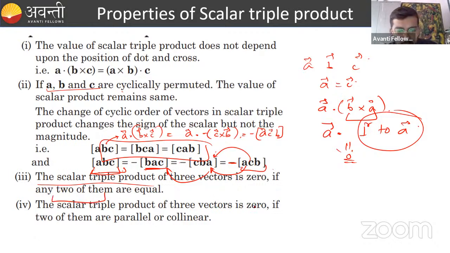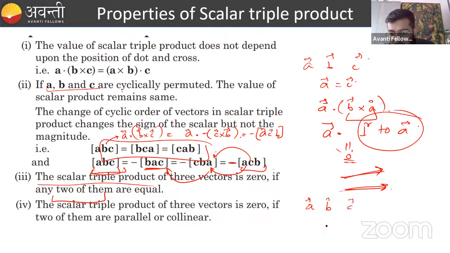The scalar triple product of three vectors is 0 if two of them are parallel or collinear. What this means is that any two of them are in the same plane. In the first case we took A bar and C bar equal.